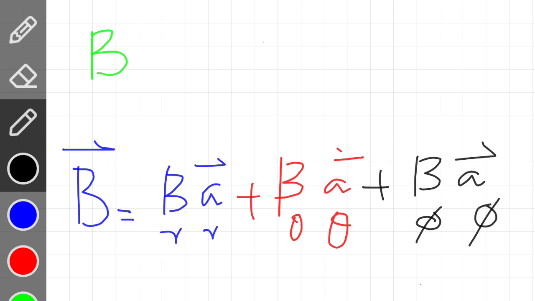So this is how we represent a vector in the spherical coordinate system. So you see, if you want to calculate the component of a vector along a line, you need to know the vector and a unit vector along that particular line. So the scalar product of the vector and the unit vector along the line will give you the scalar component of this vector along the given line.